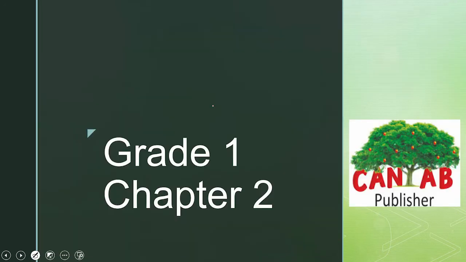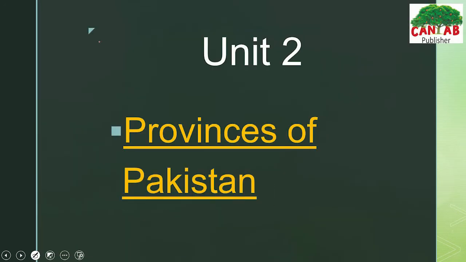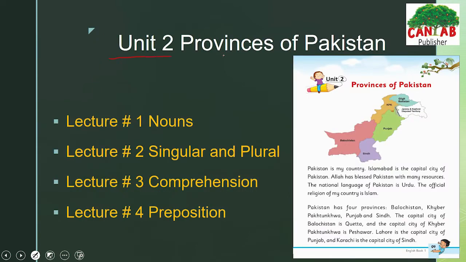Grade 1, Chapter 2. The name of the unit is Provinces of Pakistan. Unit number 2, Provinces of Pakistan, is on page number 9 of the English textbook. Today is lecture number 2. We have done lecture number 1.